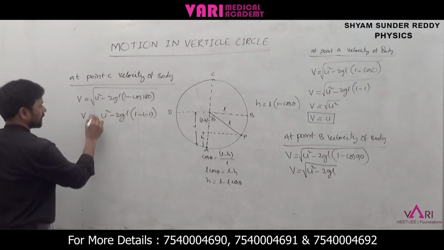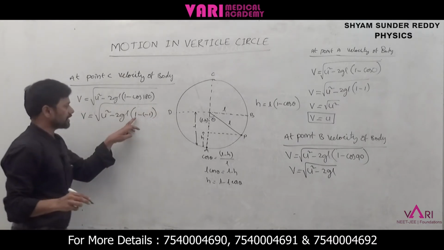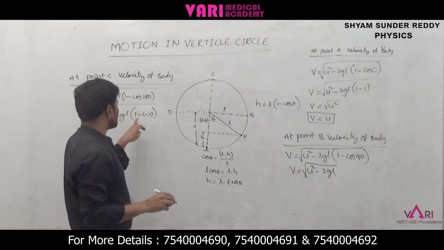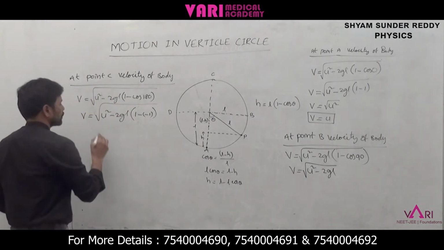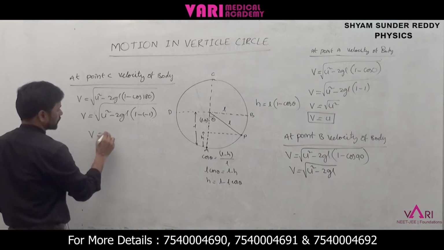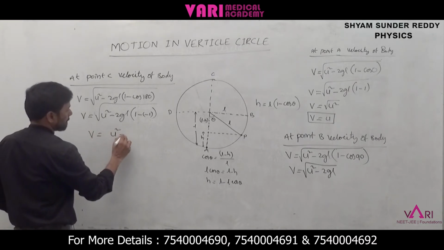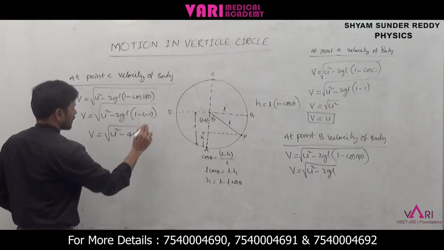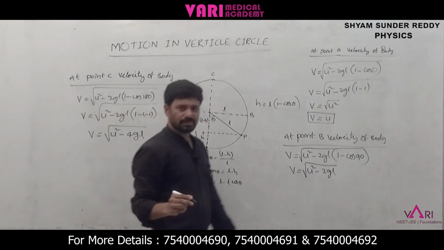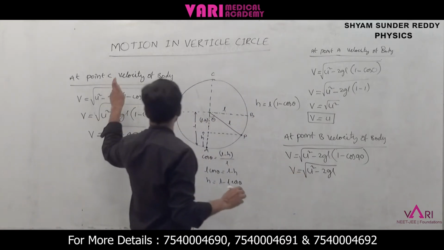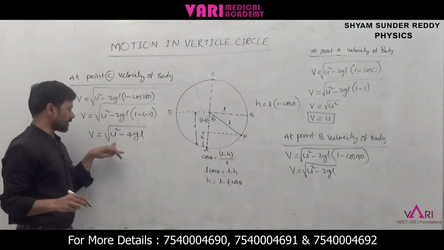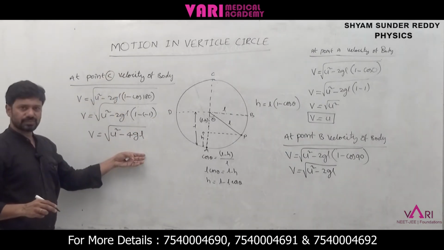This is 1 plus 1, so it becomes V is equal to the square root of U square minus 4gL. At point C, the velocity of the body is the square root of U square minus 4gL.